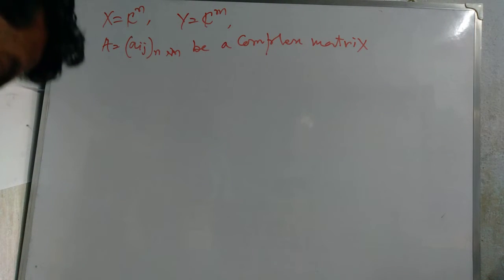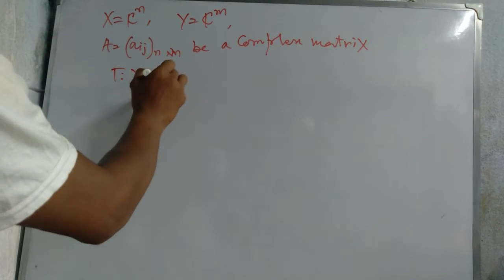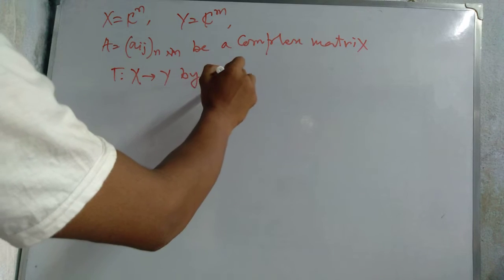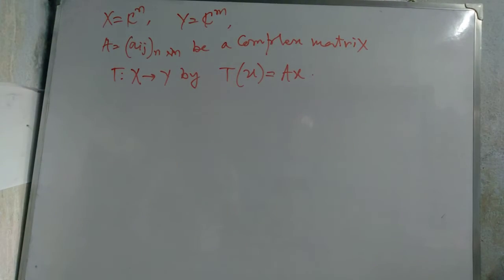Then what happens? Define T from X to Y by Tx equal to Ax. Okay, then we check whether this one is linear or not. T of x plus y equals A of x plus y, which is Ax plus Ay, so it is additive.